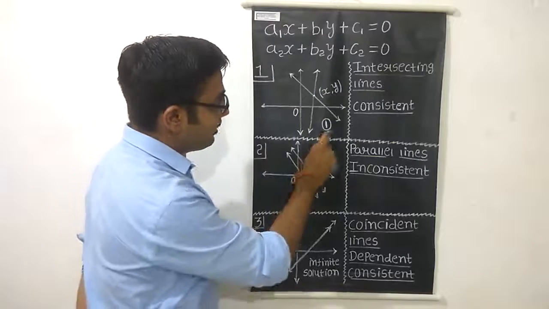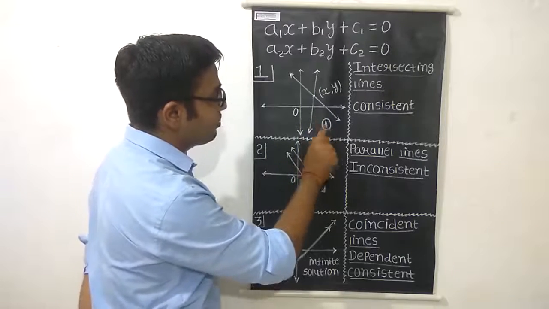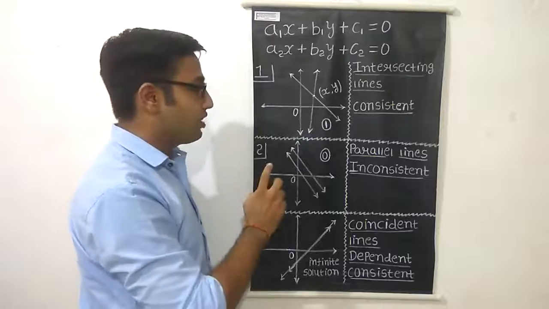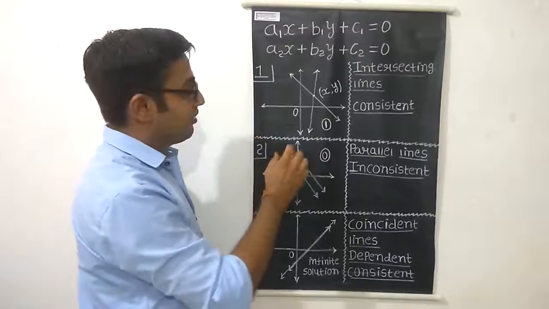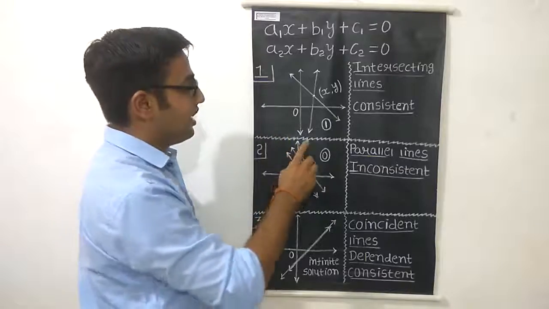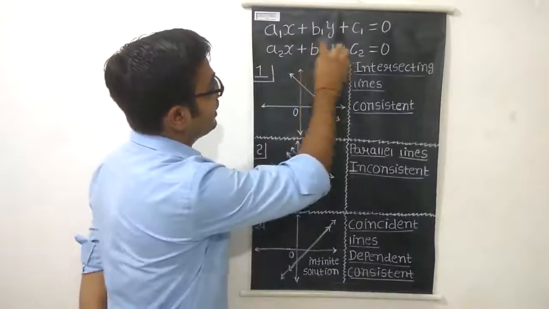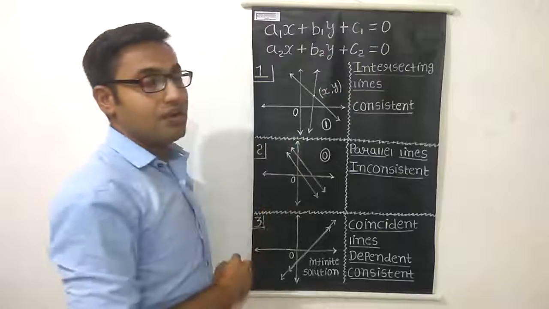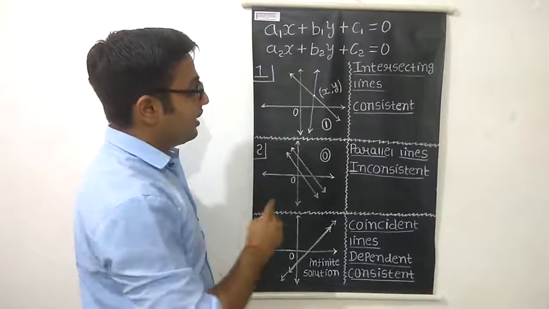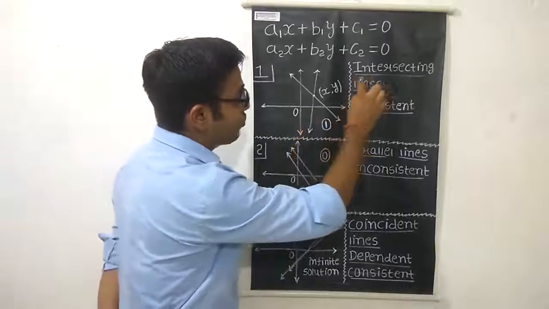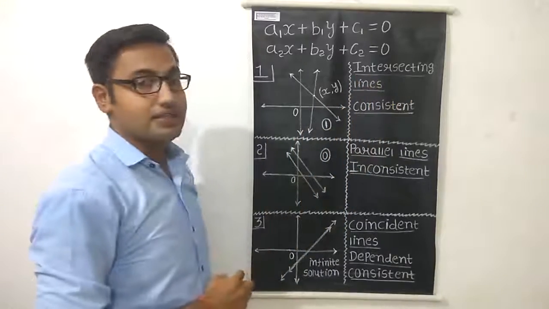So how many solutions we can say that? One solution is there. Solution means such a value of x and y that satisfies both these equations, right? So this type of lines is called intersecting lines.